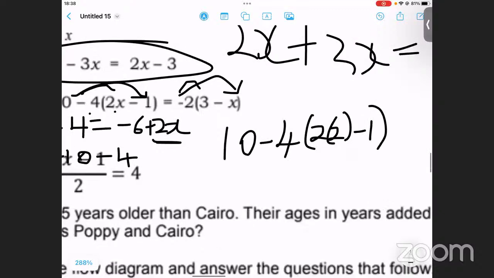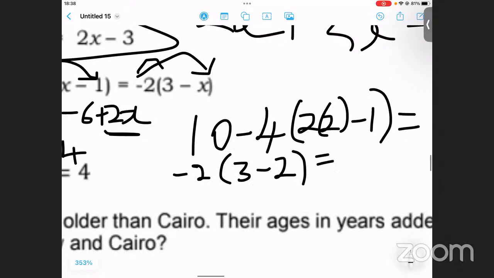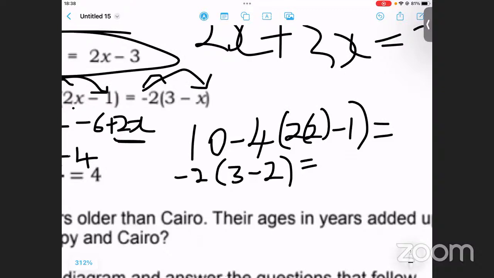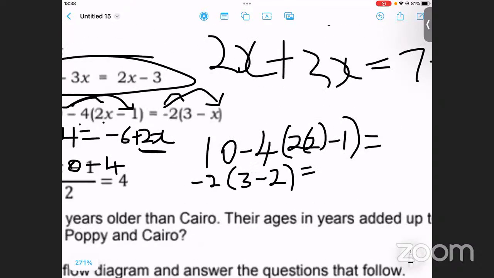Whatever that you get should be equal to minus 2 multiplied by 3 minus 2. How much is it? How much did you get for the first one? Or anybody who just finished calculating, how much did you get? Did you get the same thing?